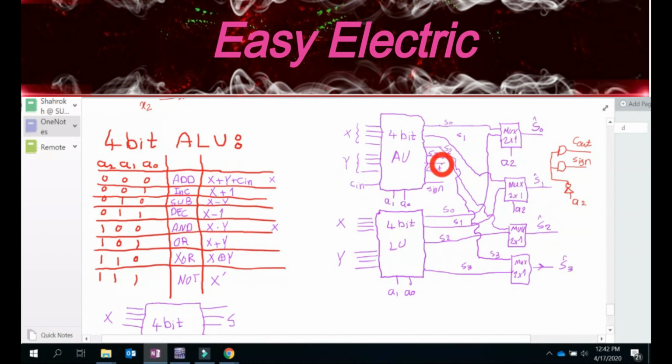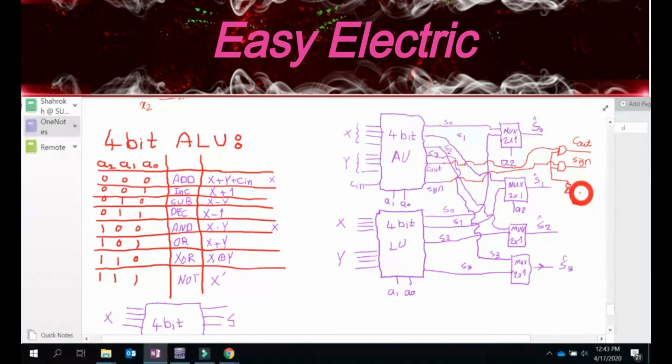And I connect these directly to this, with a different color. Definitely jump here, connect these here. And same thing for the sign. Jump here, and connect, jump here, connect to this.